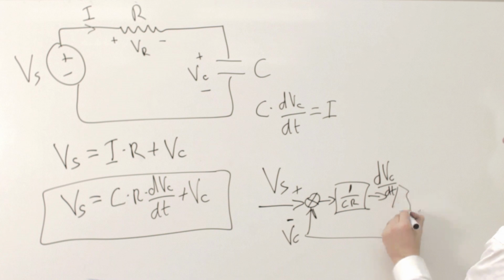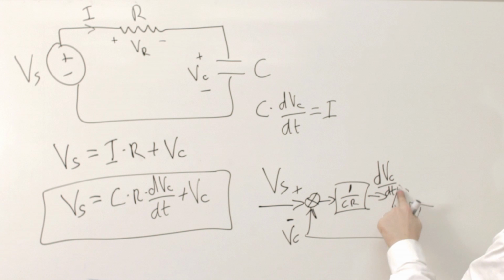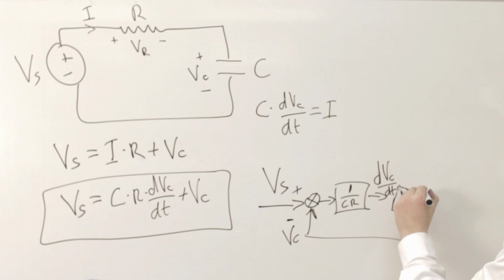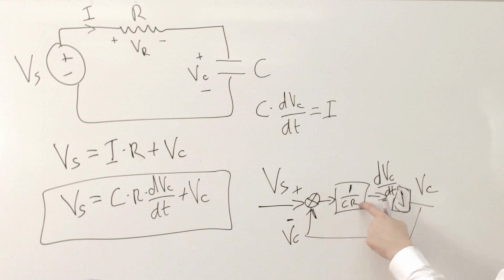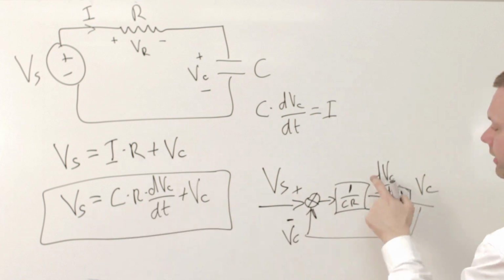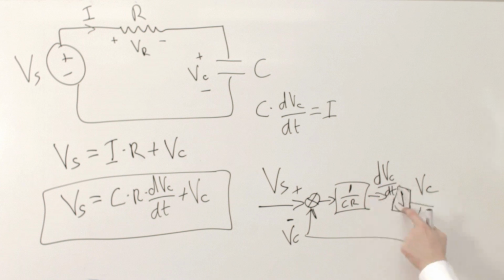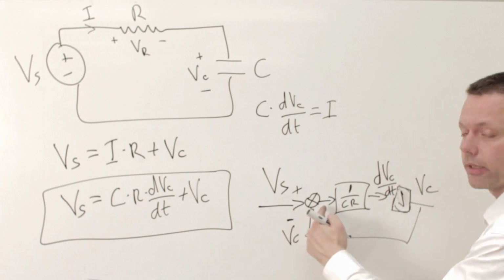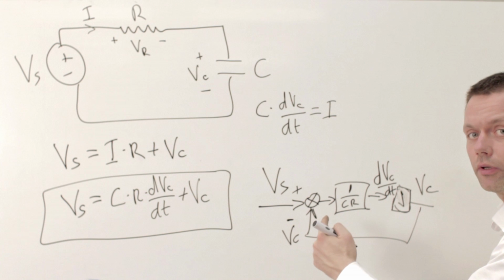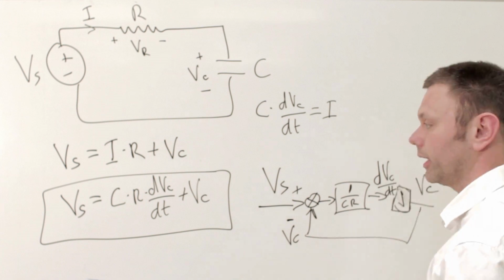And again, surprise, surprise, we have an integrator here, which gets from dVc by dt to Vc. So here we have Vs minus Vc comes in, gets divided by the constant Cr to give us dVc by dt, which then gets integrated to give us Vc. And like in the case of mechanical systems, we have intrinsic feedback in the system.